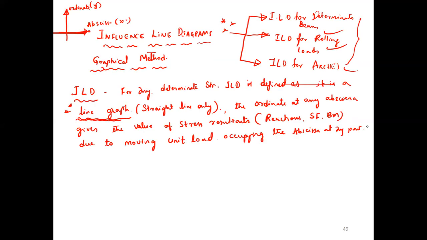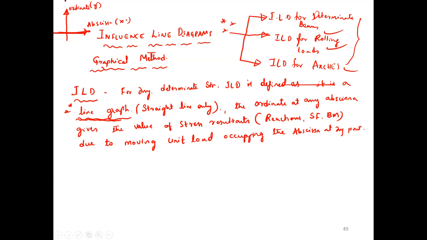With the help of this definition alone, I can set so many MCQ questions. One question is: where can we expect loads in ILD, in ordinate, in abscissa, or in neutral axis, or none of these? Where are you putting the load?